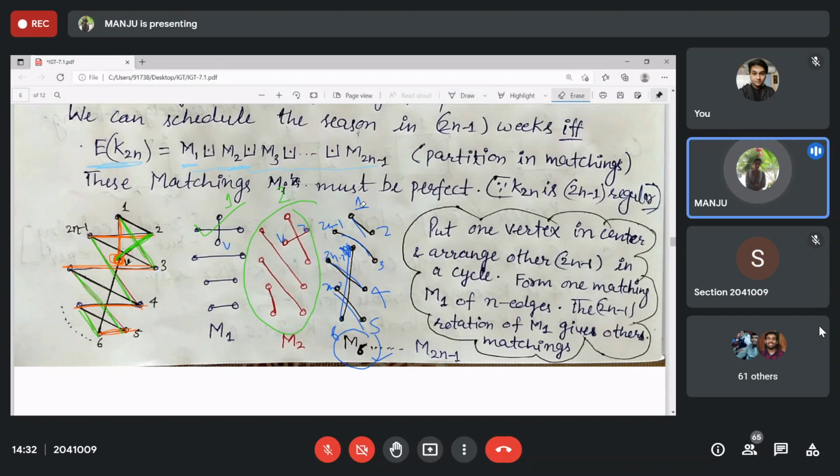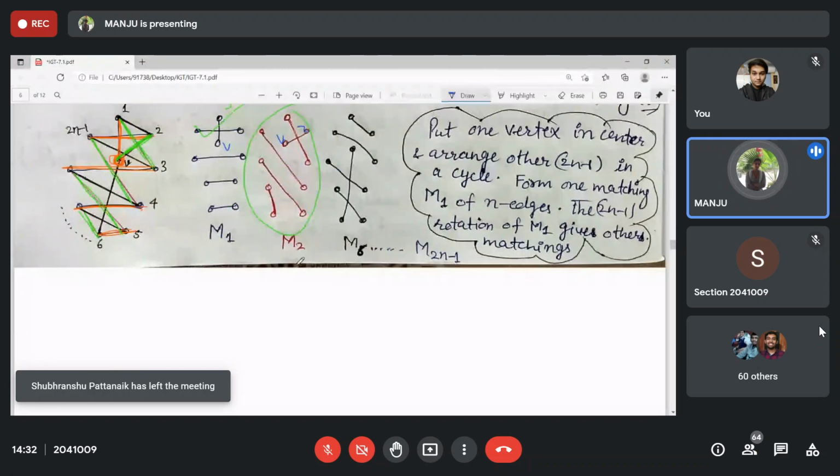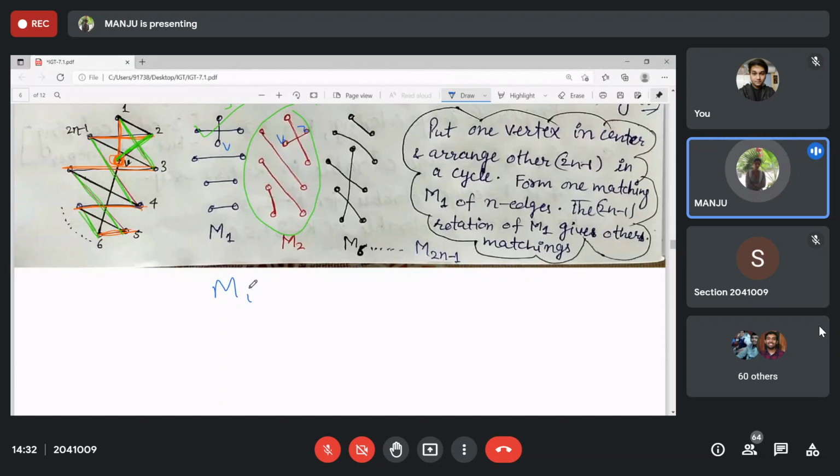Means to say, how many colors will you get? 2n minus 1 colors. And each coloring, each color class I should say, M1, Mi are color classes. Each color class has how many edges? Not vertices.